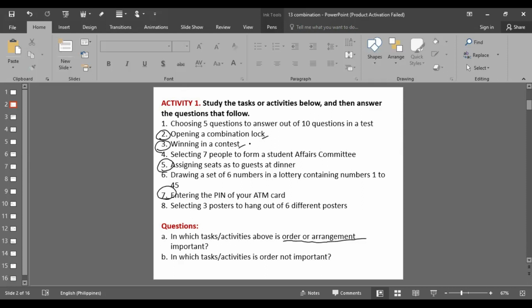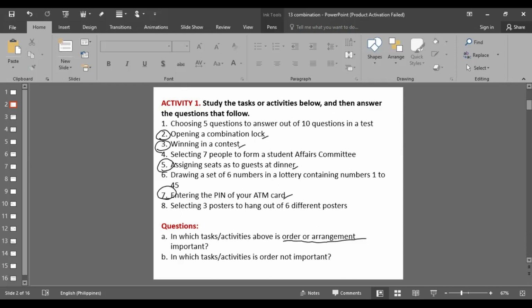Winning in a contest, like first, second, third runner-up. Assigning seats to guests at dinner, kung saan uupo yung president, kung saan uupo yung secretary. Entering the PIN of your ATM card. Pag mag-withdraw ka, syempre, dapat alam mo yung pasunod-sunod ng PIN. Okay?